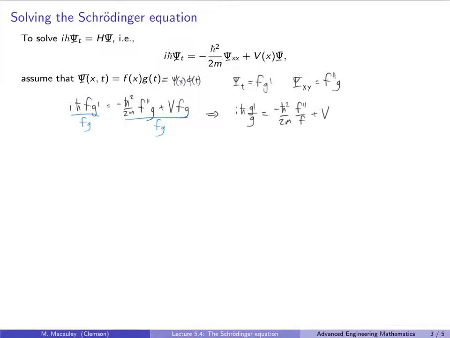So as before, if these two things are equal, they have to be equal to a constant. Instead of using lambda, we're going to use capital E for this. That's what physicists usually use, and that's because it stands for energy. You might have heard of quantum energy levels, like if you've taken chemistry. There are electron clouds and they have distinct levels. That's where this comes from.